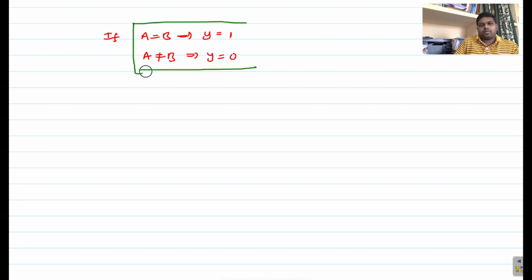If a equals b, then y equals 1. If a not equals b, then y equals 0. This is for XNOR logic. So this is about XNOR operation.